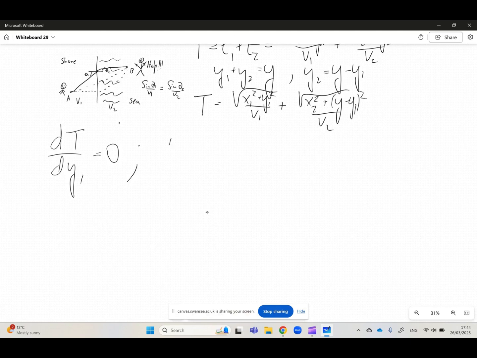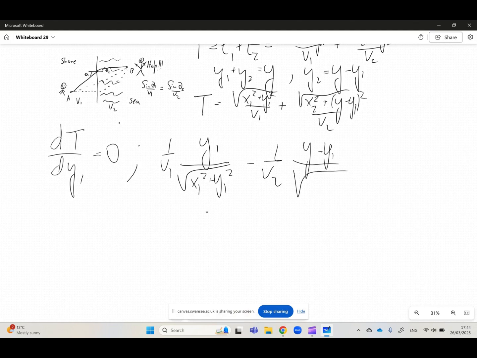That gives 1 over v1 times y1 over square root of x1 squared plus y1 squared, minus 1 over v2 times (y minus y1) over square root of x2 squared plus (y minus y1) squared, and that equals 0.